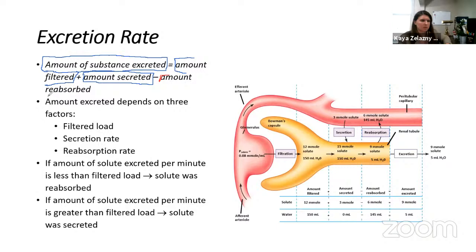Minus the amount that we moved from the filtrate into the blood. I think this is easiest to follow if we look through this table of what's happening.